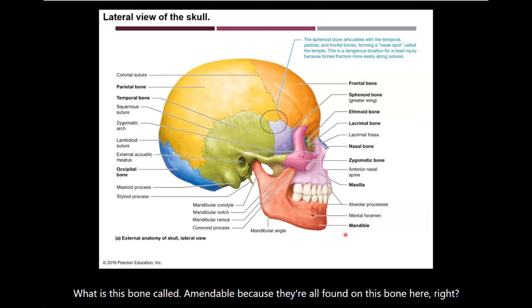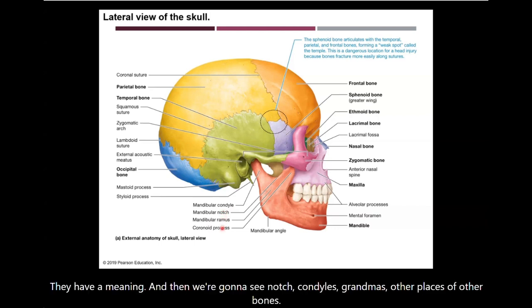What is this bone called? Mandible. Because they're all found on this bone, they're all going to be mandibular, mandibular, mandibular, and then whatever they are. And the terms here, condyle, notch, or ramus, have a meaning, and we're going to see notch, condyles, ramus on other bones too, okay?